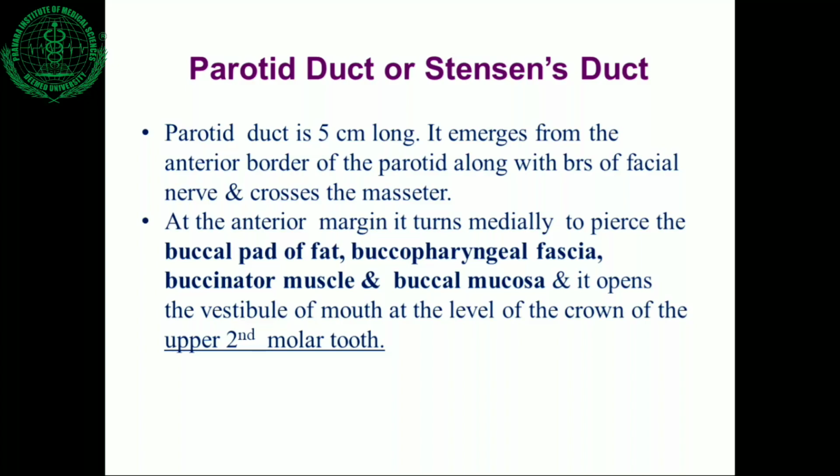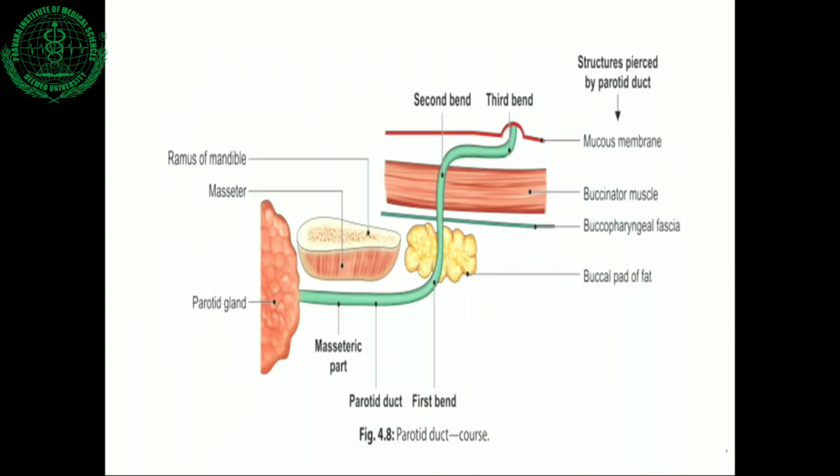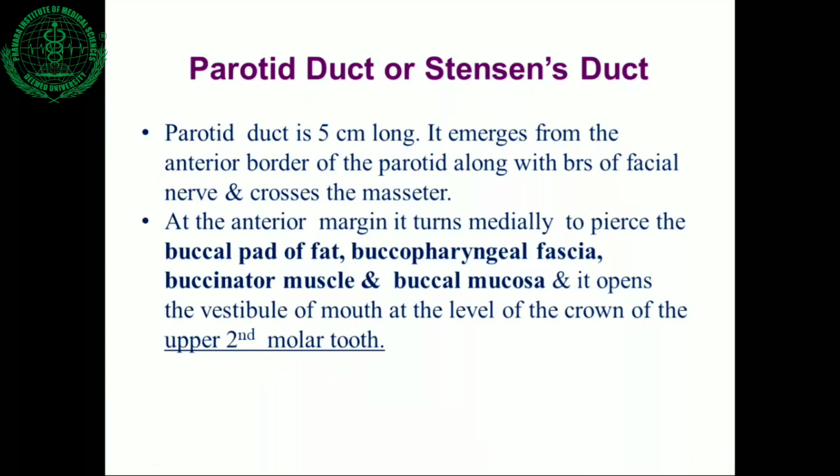It emerges from the middle of the anterior border of the parotid gland. Adjacent to the parotid duct, the upper and lower buccal branches of the facial nerve are present.